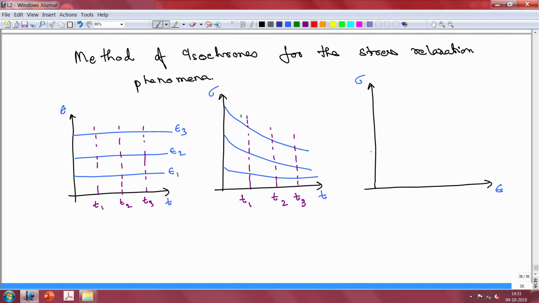So, if linearity holds, what you will have is a set of data points that will give you a straight line, and this slope is now given by G of T1.